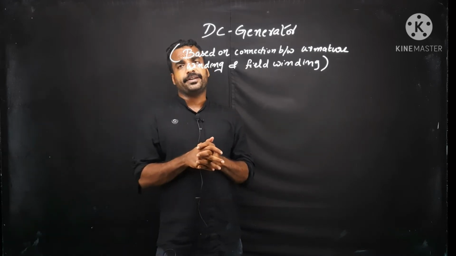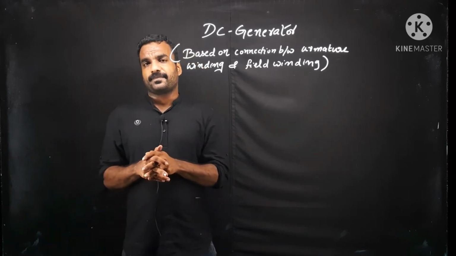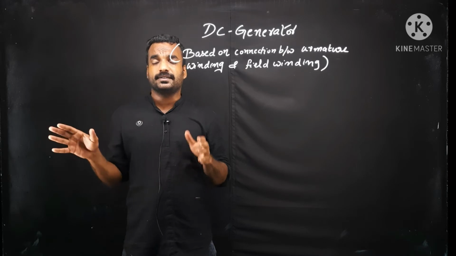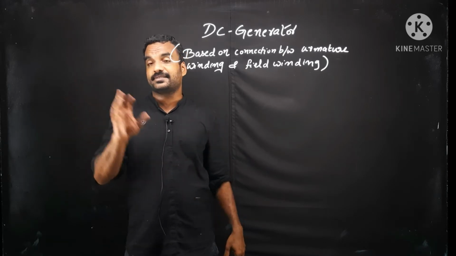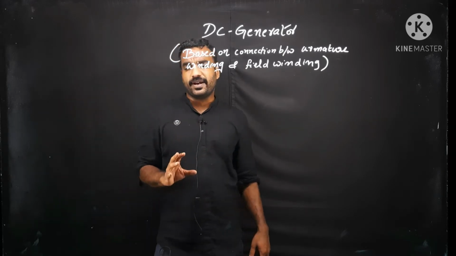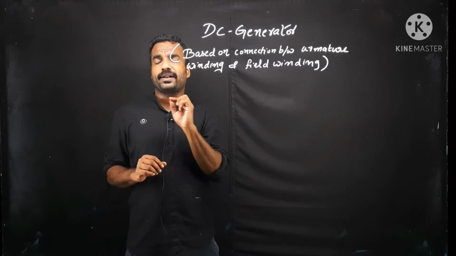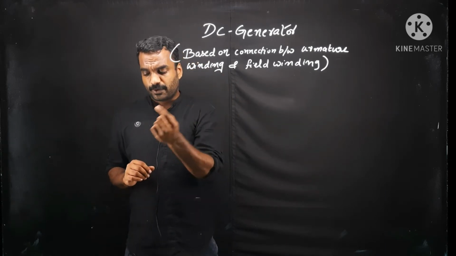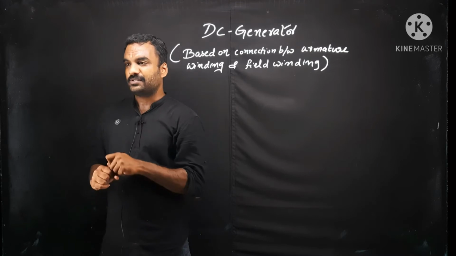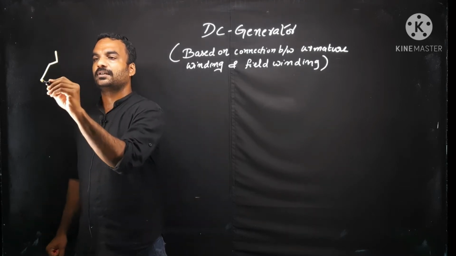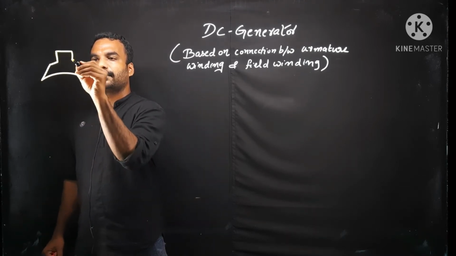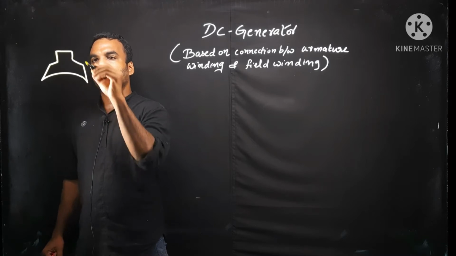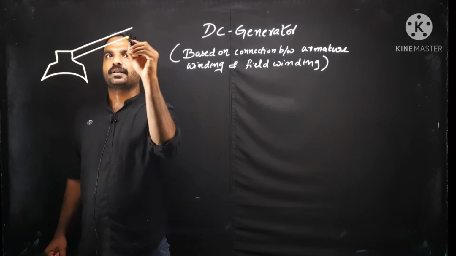And what is field winding? That was also discussed in the previous class where the construction details are discussed. Field winding is the winding that we are providing on the field poles. This is the field, this is the three-dimensional view.